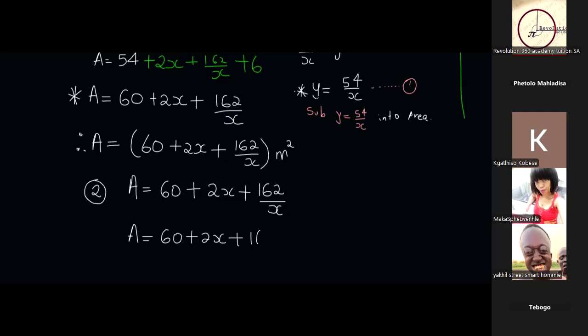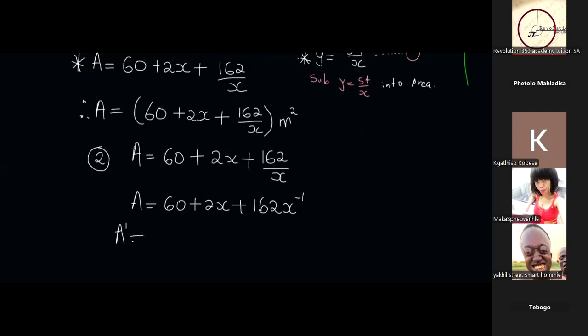Then now you differentiate. So A prime is equal to 0. At any turning point, A prime is equal to 0. And then let's now differentiate. So we are differentiating A with respect to x, dA/dx. Some of you have come across this. When we say dA/dx, it means we are differentiating A with respect to x.